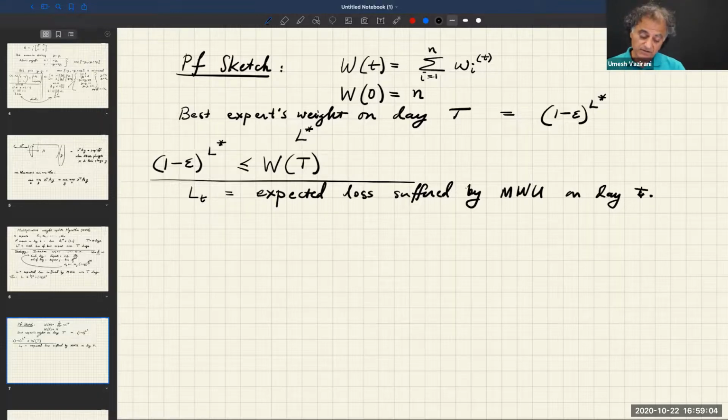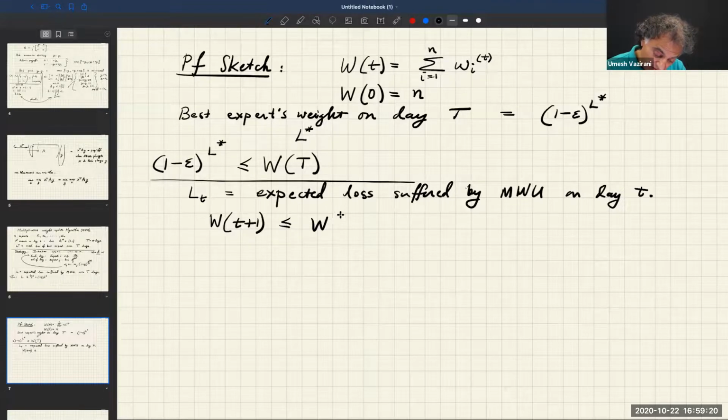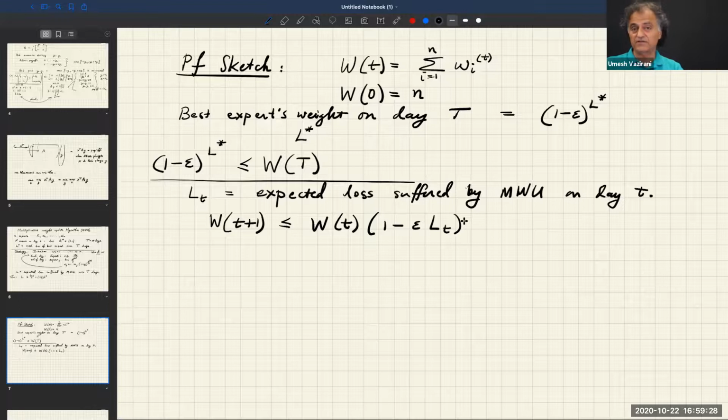Then what you can show, and this is a simple manipulation which is in the notes, is that W of t plus 1, the total weight on day t plus 1, is going to be at most the total weight on day t times (1 minus epsilon times the expected loss suffered on day t).